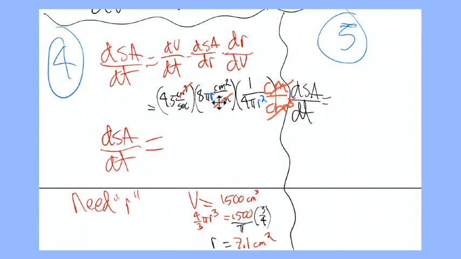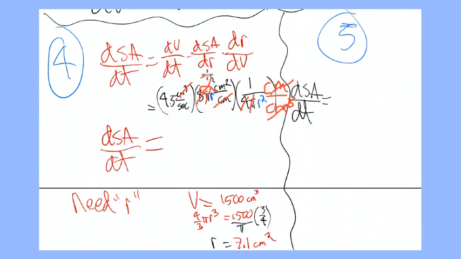Okay, so what other things can I divide out? Well, the pi there and the pi there divide out. And let's see, that 4 goes into that 8 twice, so I can get rid of that and get rid of that and put a 2 there. And what I've got is 4.5 times 2 times r divided by r squared. Okay, if you can see that, the blue is the r.